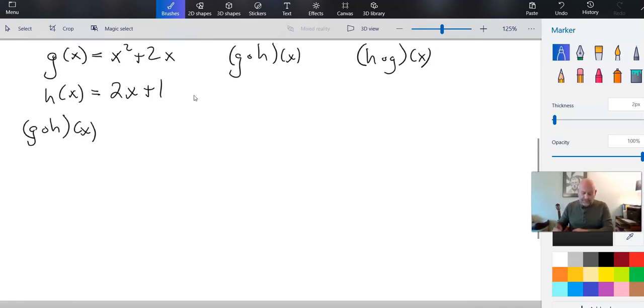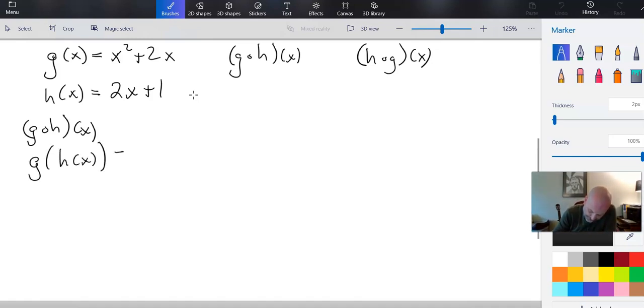Okay, so if you have g composed with h of x, we know that that is g of h of x. G takes its input, squares it, and then adds it to twice its input, right? So it does all of that, right? And notice I put parentheses every place that there's an x.